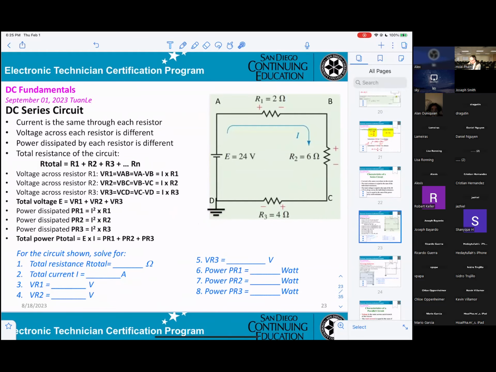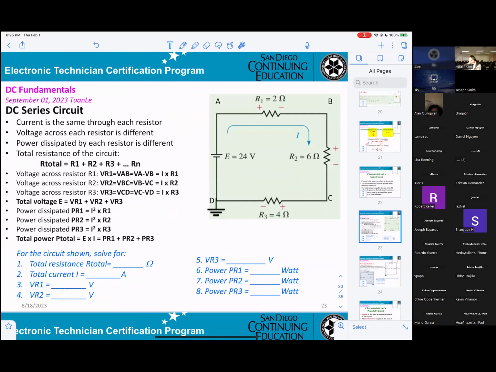Now, I have a circuit. When you look at this circuit, how many resistors? Three.